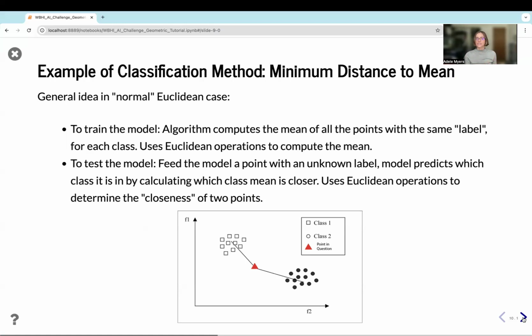Then to test the model, when it is shown an entirely new connectome with an unknown label, the model predicts which class it is, whether it's schizophrenic or healthy, by calculating which class mean is closer. It uses the Euclidean distance to determine which class mean is closer, and the closer class mean is what this new point will be classified as.